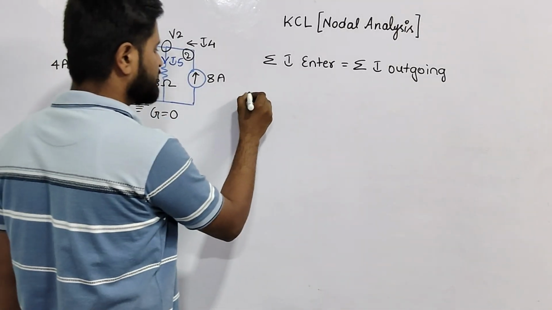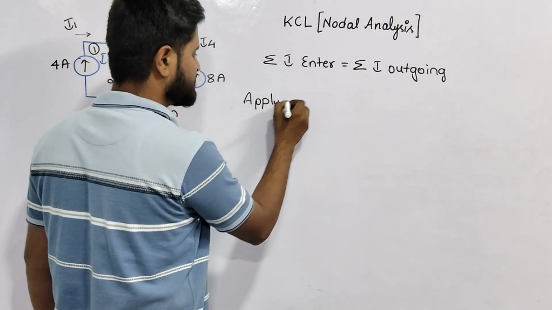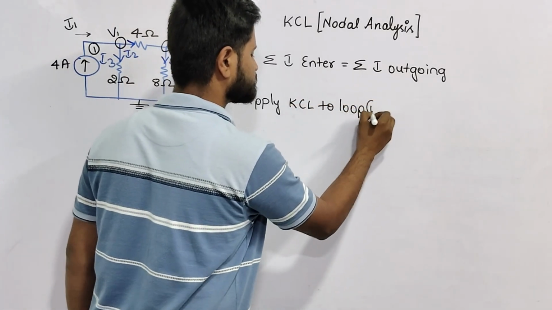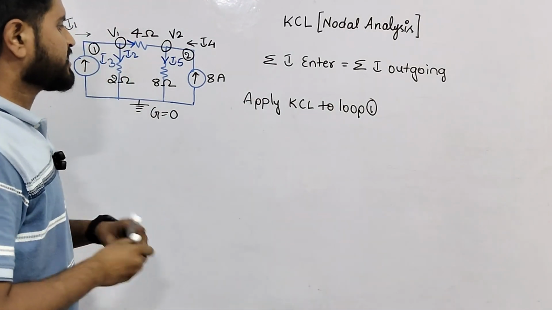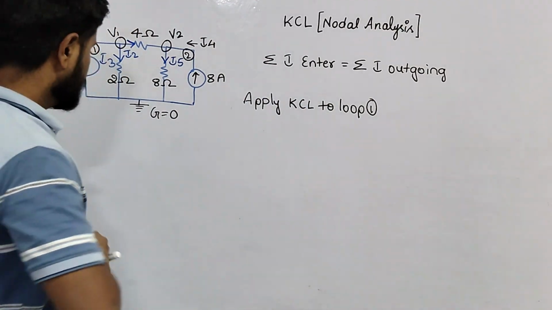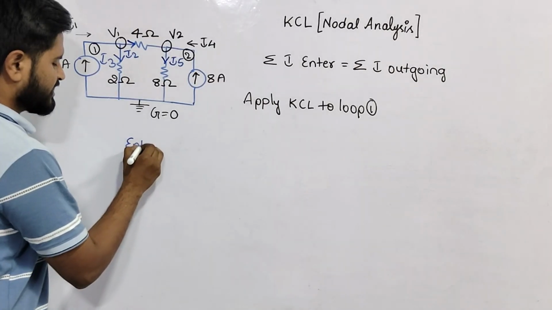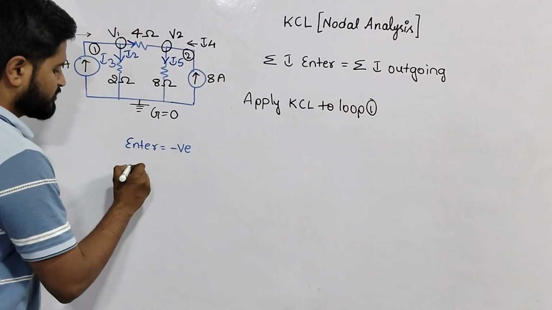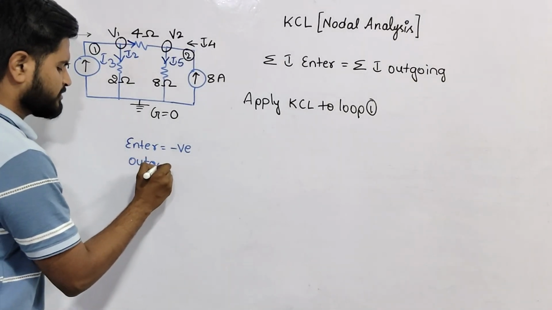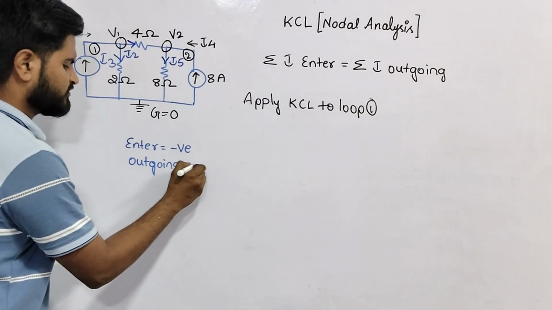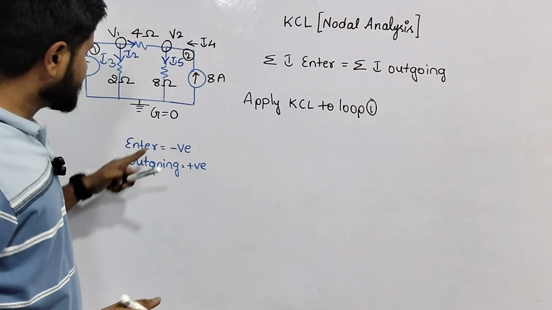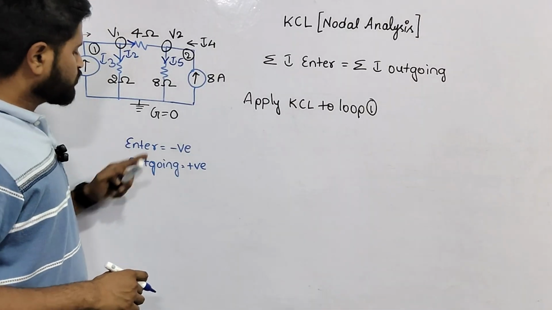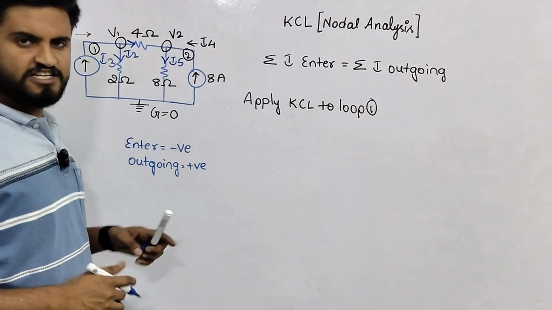Now let's apply the Kirchhoff current law to loop number 1. When a current is entering a node, we will take it as negative, and when a current is outgoing from a node, we will take it as positive.